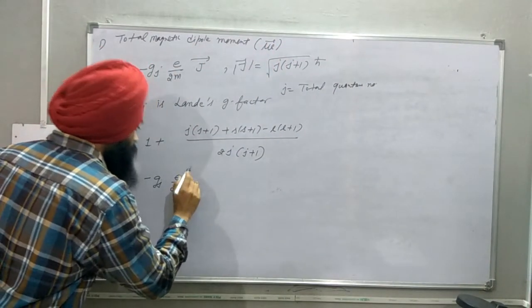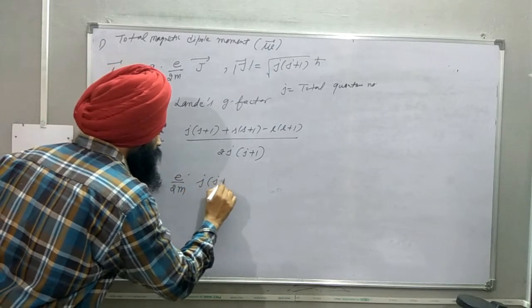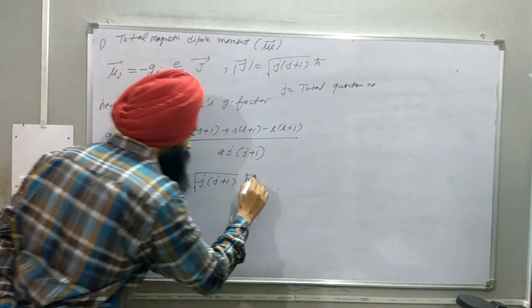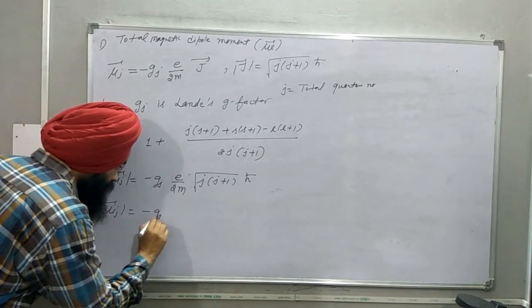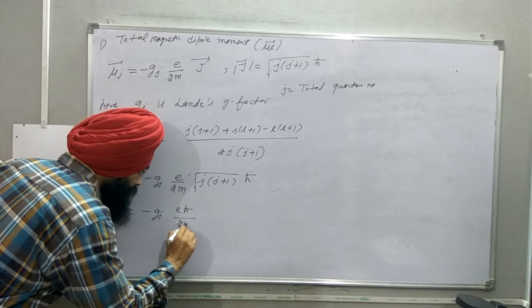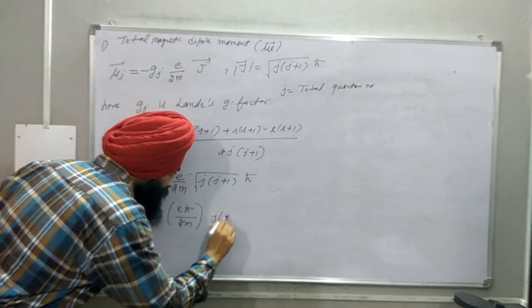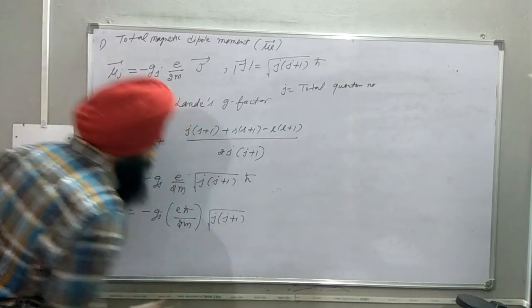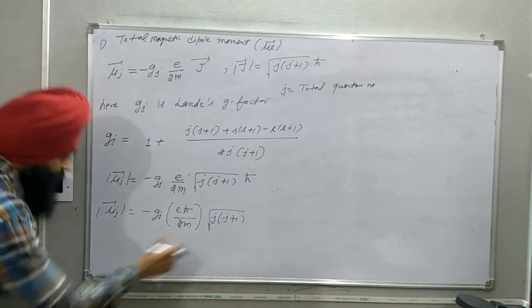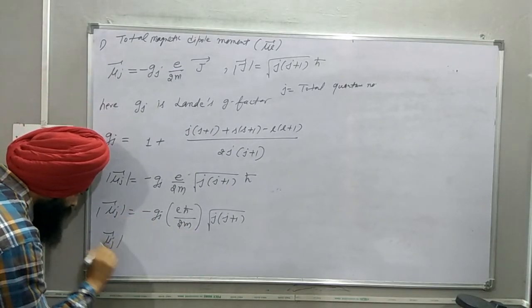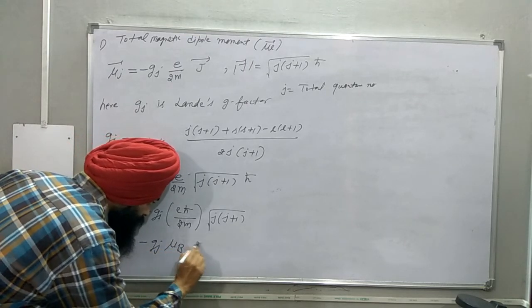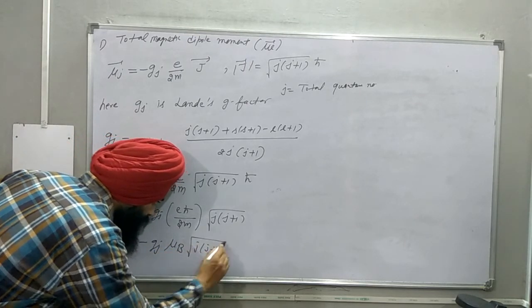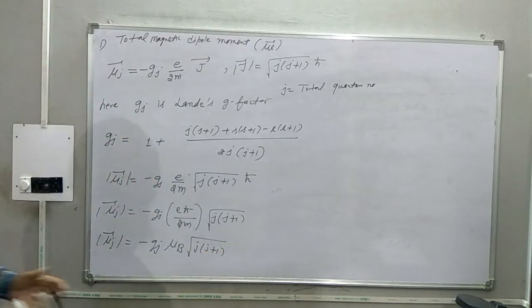So we can write mu J is equal to minus gJ, and combine e h cut upon 2m as the Bohr magneton mu B, times square root of J into J plus 1. So this is the total magnetic dipole moment.